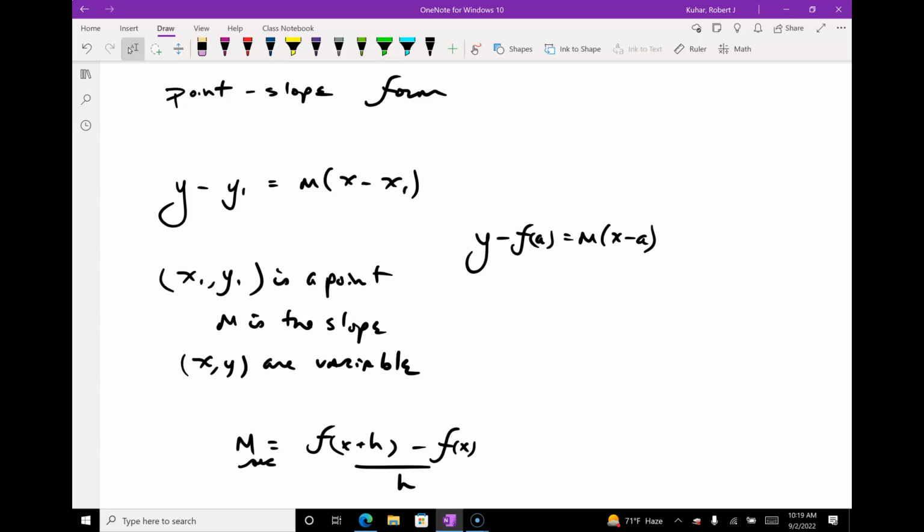So a equals 0, correct. But you'll see, we're not going to let h get to 0, right? Remember my limit. If h goes to 0, do I ever get to 0? No. As x goes to c, do I ever get to c?